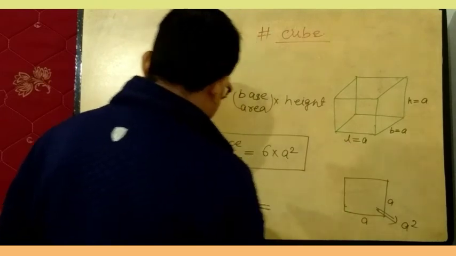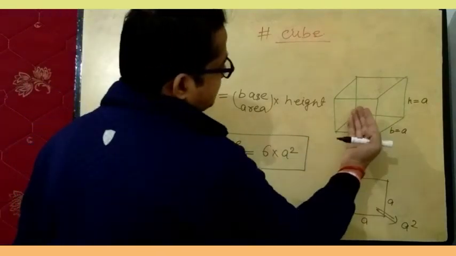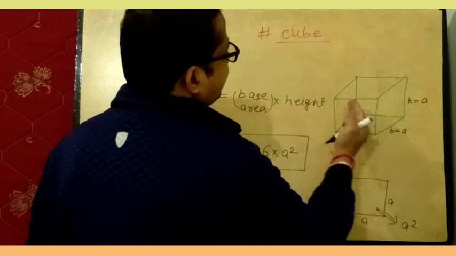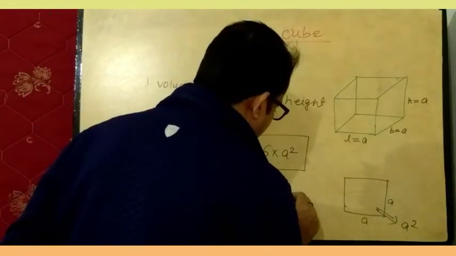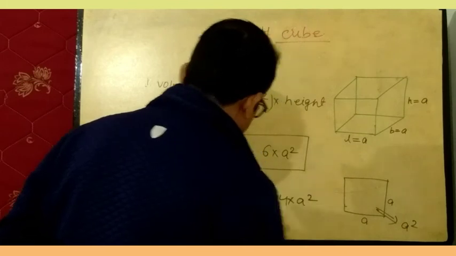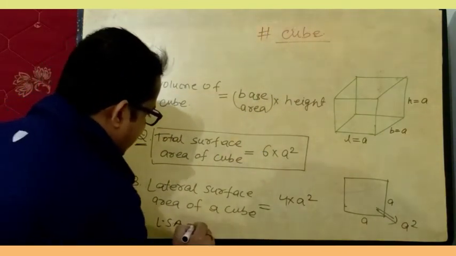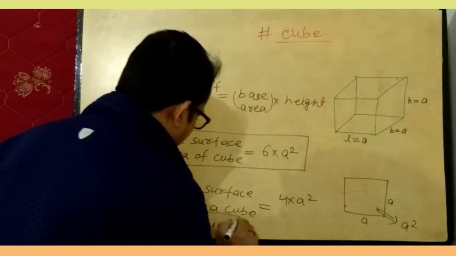So to calculate lateral surface area, how many lateral surfaces are there? 4 surfaces: front side, back side, left side and right side. Then total 4 into A square, that is, lateral surface area of a cube equals 4A square.